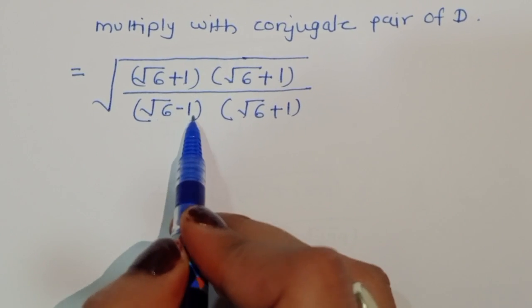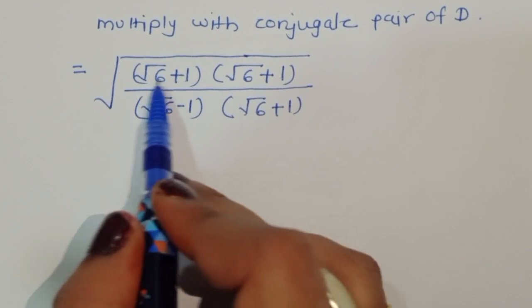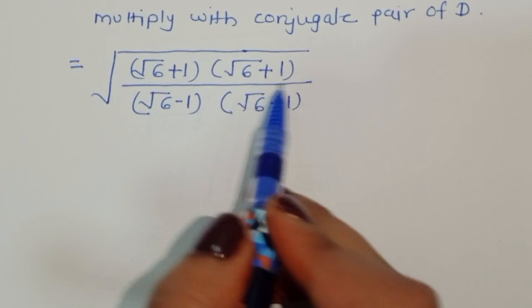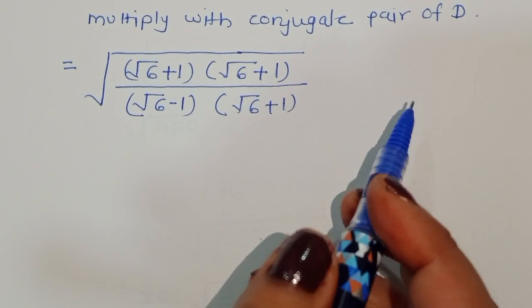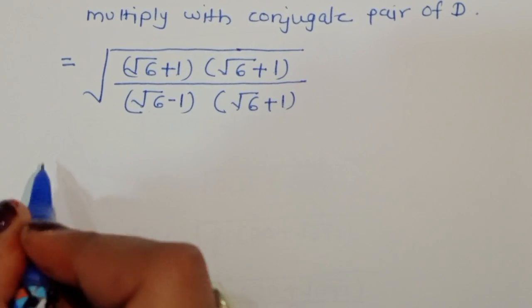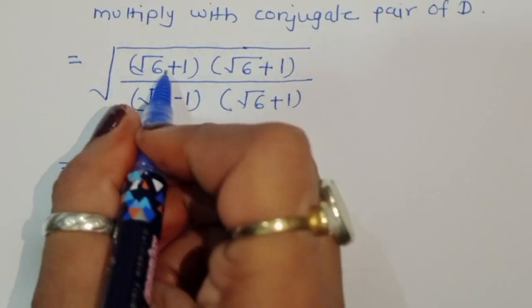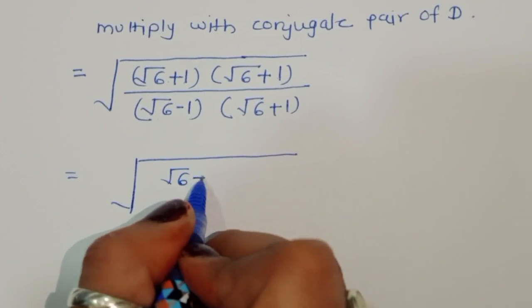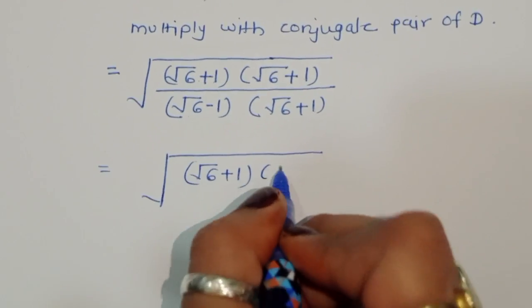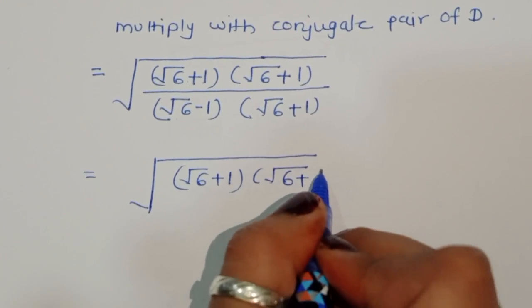In the numerator, a plus b times a plus b is a plus b whole square, so we write square root of 6 plus 1 times square root of 6 plus 1.